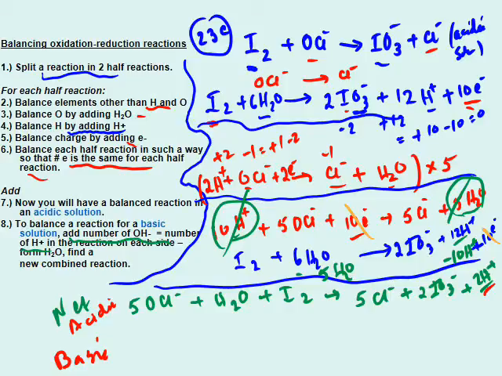So if I add 2 OH minus on the right, I must also add 2 OH minus on the left. How is it going to change it? H plus and OH minus make H2O. So basically, from here, 2H plus and 2 OH minus, I get 2H2O.